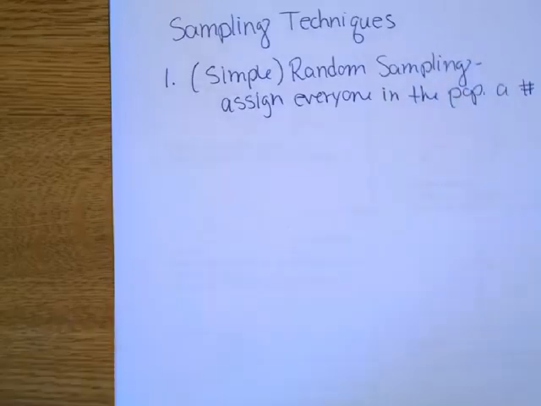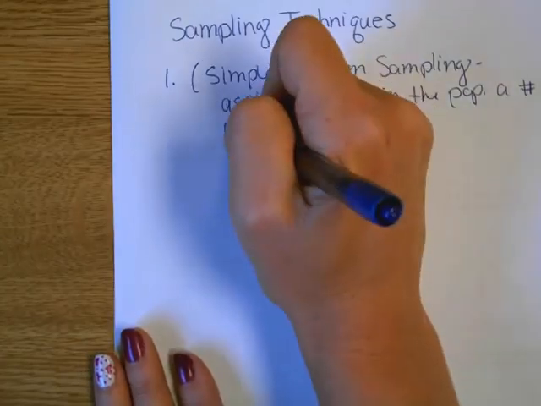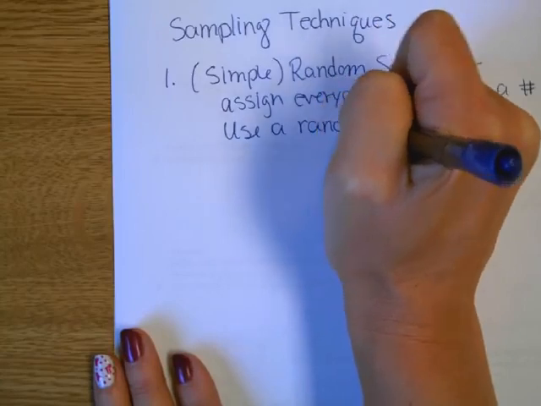Then you use a random number generator and generate a list of, say, 30 random numbers, and those would be the 30 people you use in your sample.